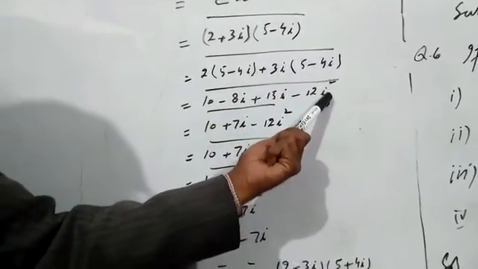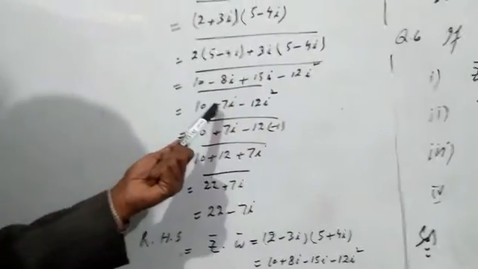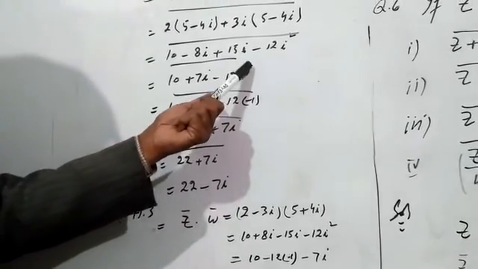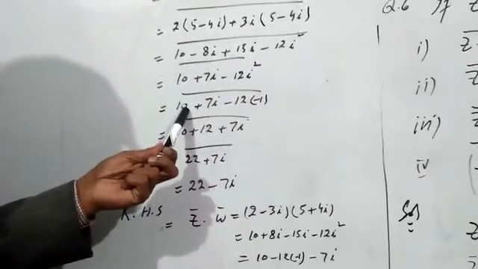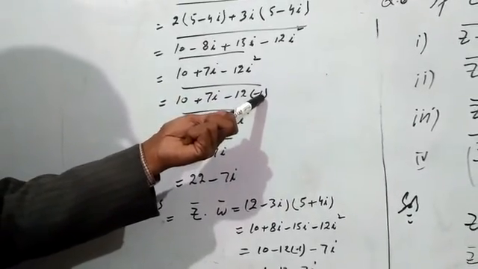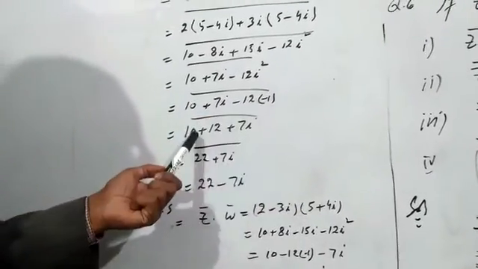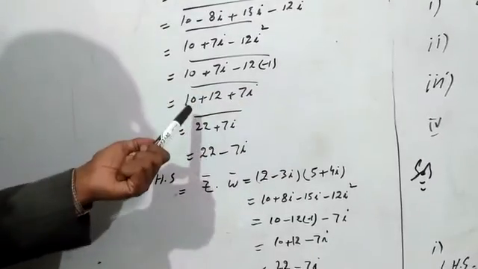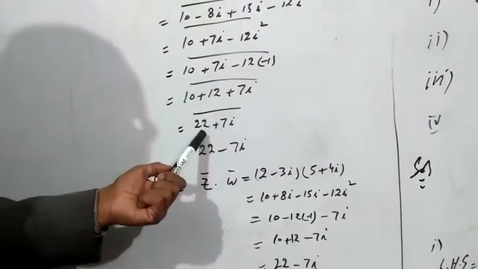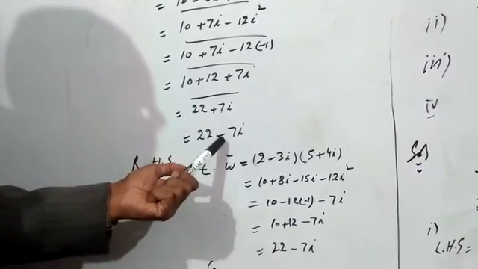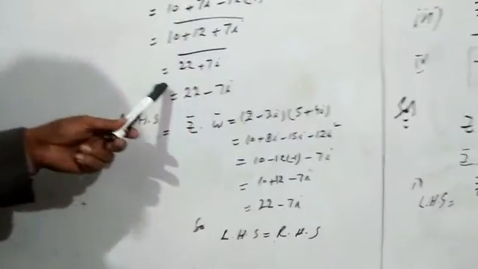Iota into iota is iota square. So 10 plus 7 iota minus 12 iota square whole conjugate. The value of iota square is minus 1. So 10 plus 12 plus 7 iota, which is 22 plus 7 iota whole conjugate. By taking the conjugate, 22 minus 7 iota.